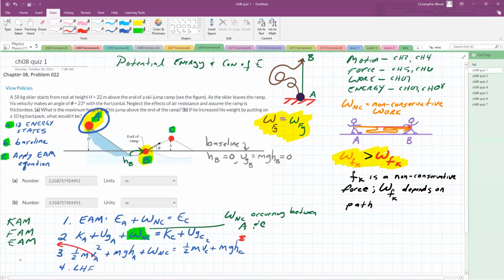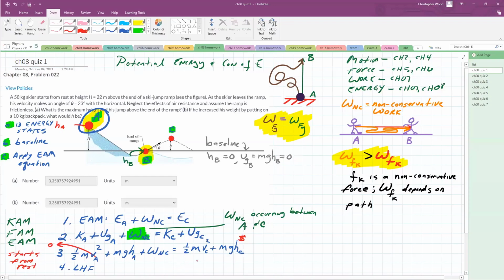The skier is starting from rest at a height of, this is what I'm calling h_A. h_A is given. h_A is 22 meters. Other low-hanging fruit? Yeah, here's some right here. I'm at C, huh? No, there's no more low-hanging fruit there. Here's the only other piece of low-hanging fruit. Ready, set, go.